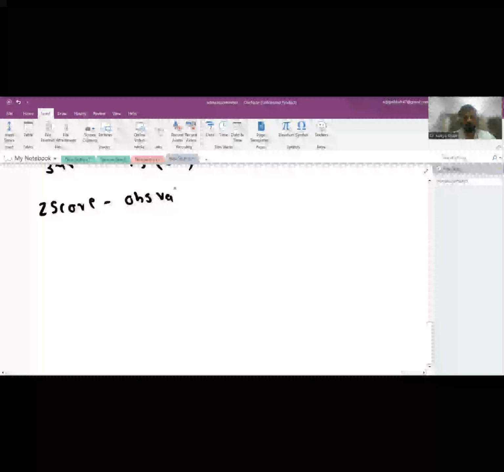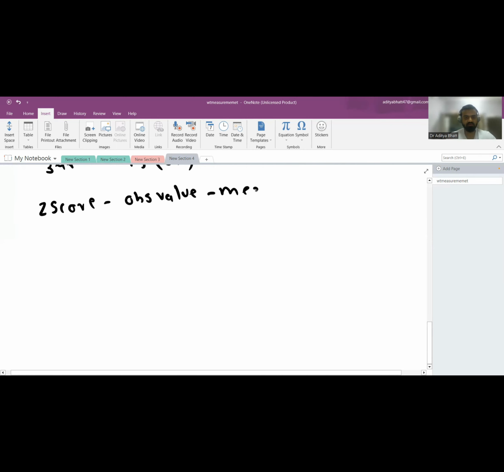Observed value minus mean value upon standard deviation. This is the formula of Z-score that you have to remember. The growth charts we usually see are the WHO growth charts, also known as Road to Health. Even IAP has come out with their own charts, and we can use them to measure growth.